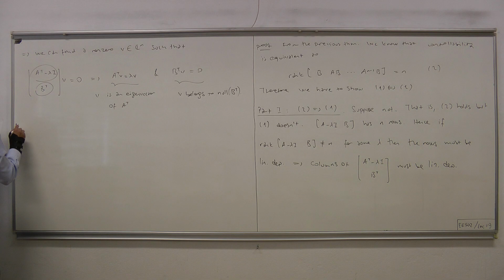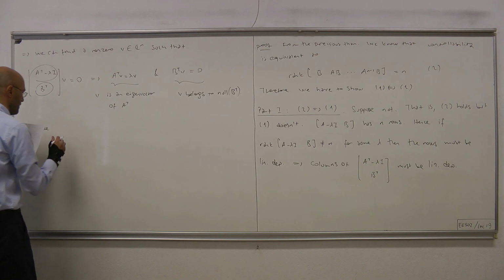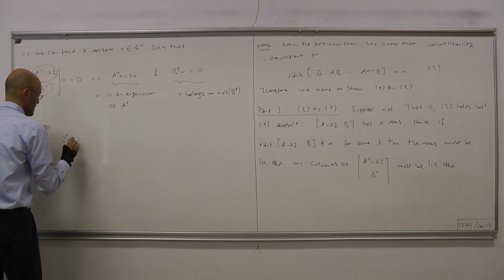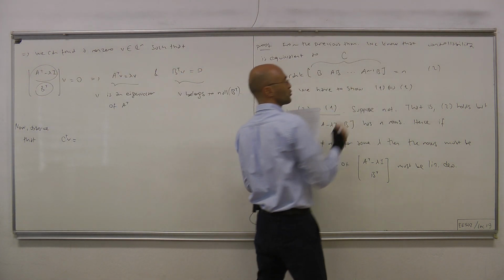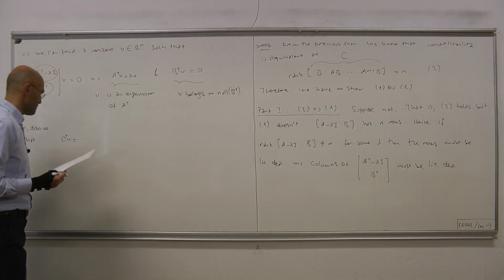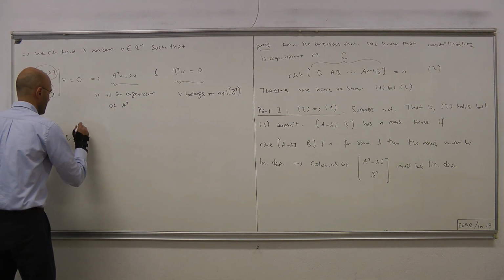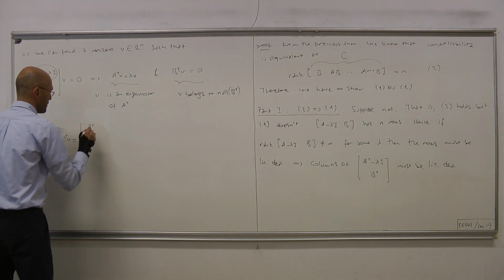So let's see how that goes. We proceed as follows. Observe that C transpose V equals what? And by C we mean the controllability matrix. Now C transpose V equals, what's C transpose?